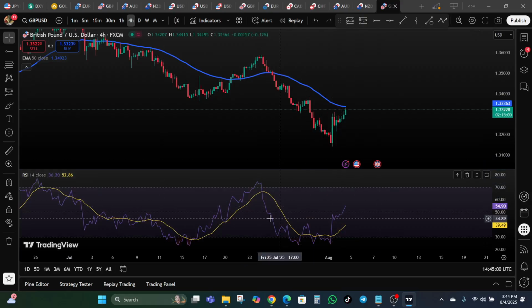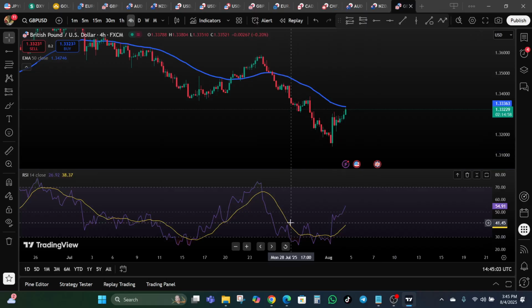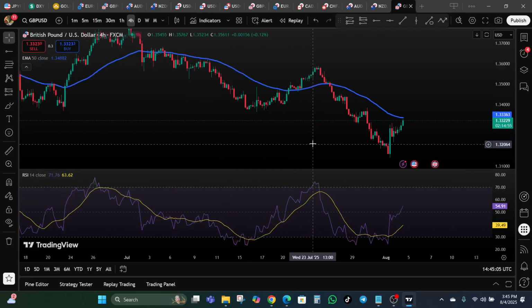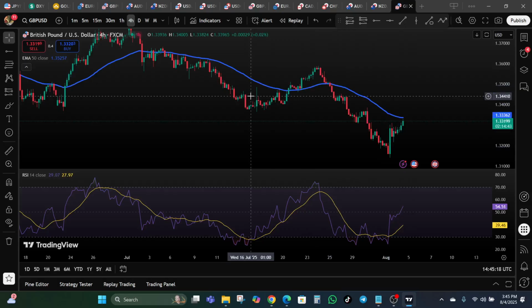So this gives us momentum confirmation. In addition to these two indicators, we are going to be working with clean price action. We need a clean price action chart, no extra clutter. You can use this setup on any time frame of your choice, depending on your trading style.